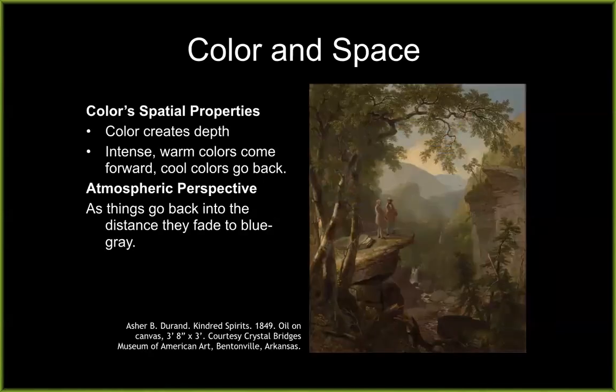And we talked about this a lot. Color can create depth. You use intense, warm colors that come forward. So here we see some reds and golds. They're coming forward, and then the cool colors back there in the background tend to convey atmospheric perspective.